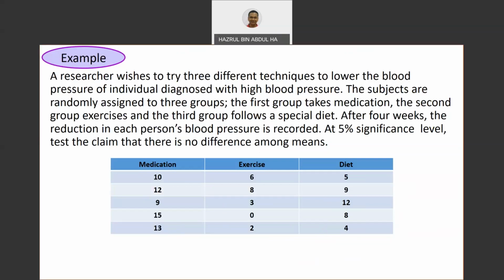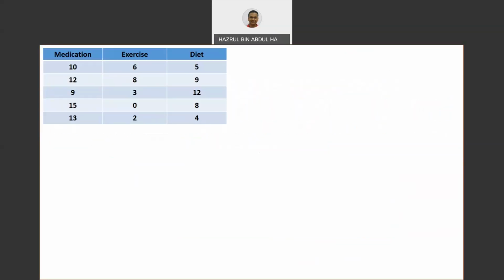Previously in our analysis, we rejected H naught, meaning there are significantly different means between these three groups. Now we are interested to know which means are significantly different. Maybe between medication and exercise, or exercise and diet, or medication and diet. So there are three possibilities you have to list one by one: the first between medication and exercise, the second between exercise and diet, and the third between medication and diet.